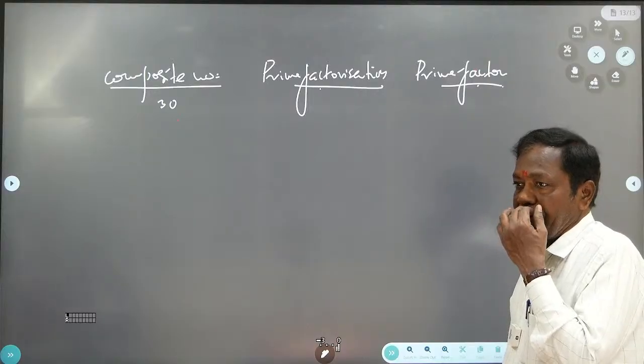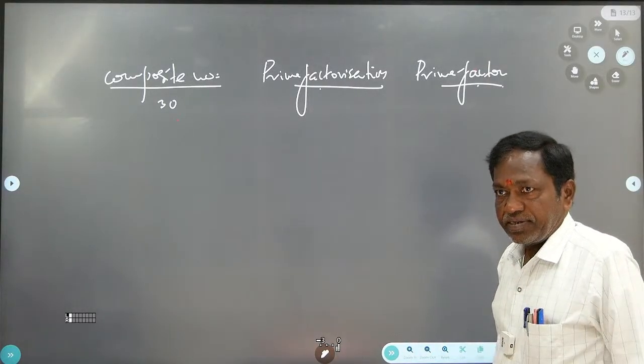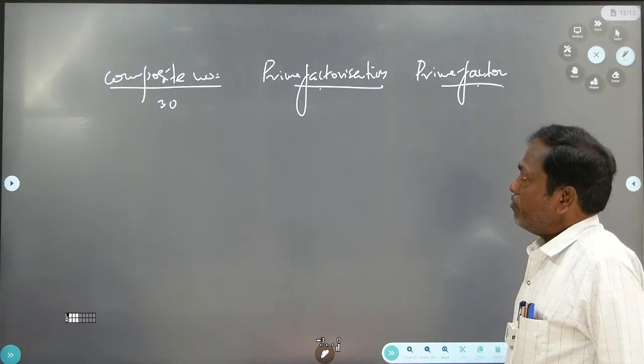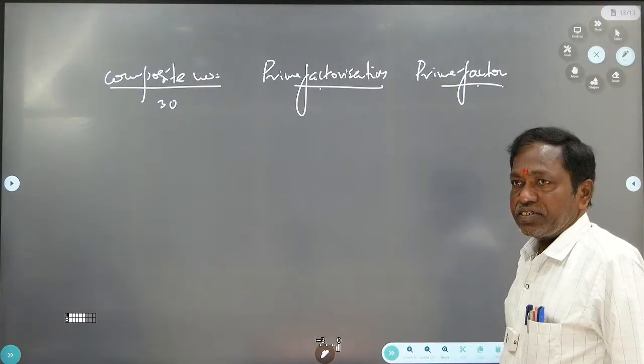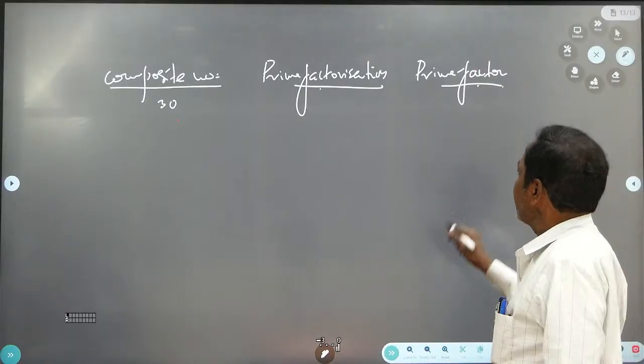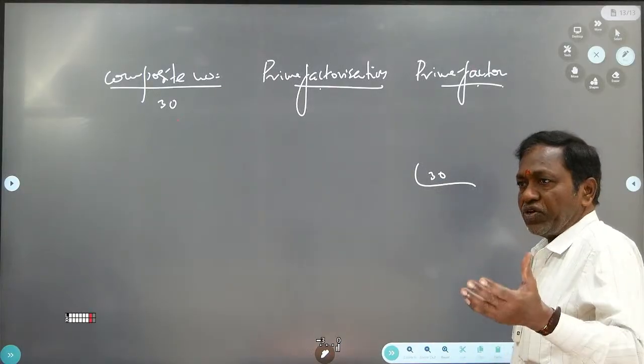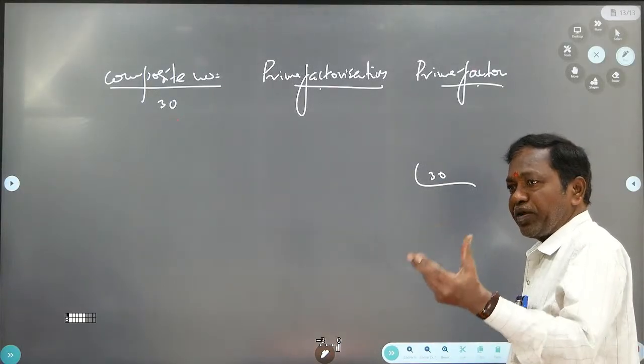Put a table; if you make a table, you will remember it forever. And how to find the prime factorization? You have to take LCM, always with the least prime numbers.